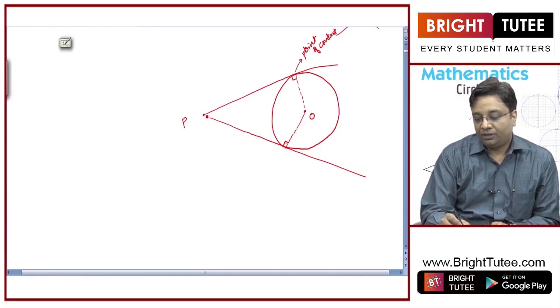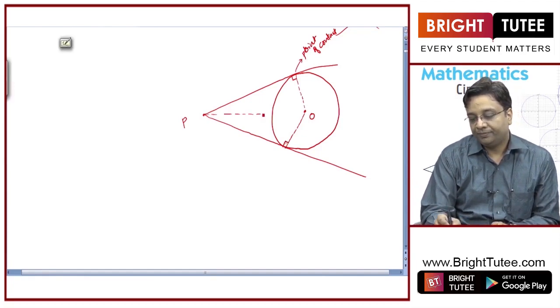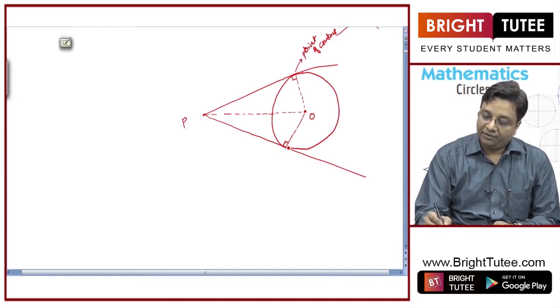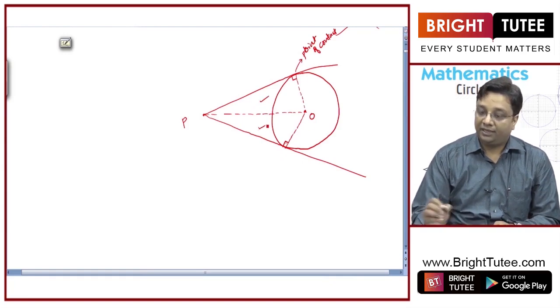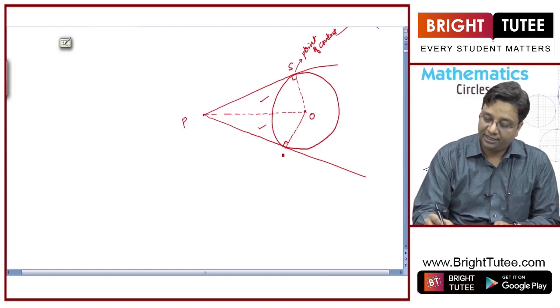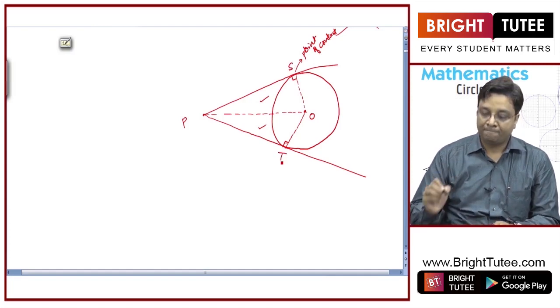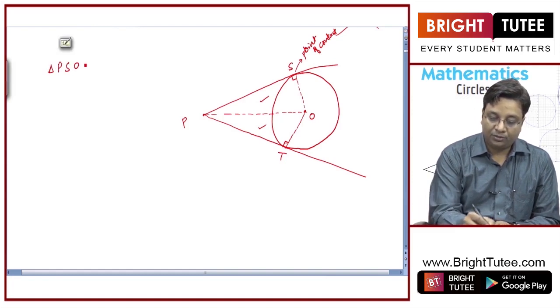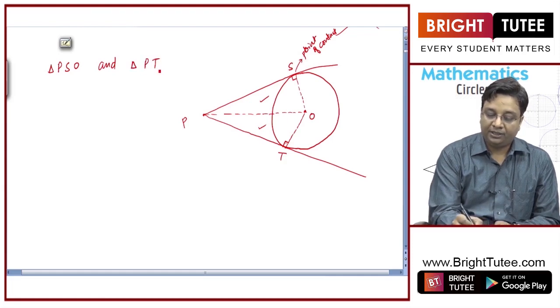Now if you draw this segment OP, joining this point P with the center O, it will divide this into two triangles. Let's name these points S and T. Now we will focus on triangle PSO and triangle PTO.